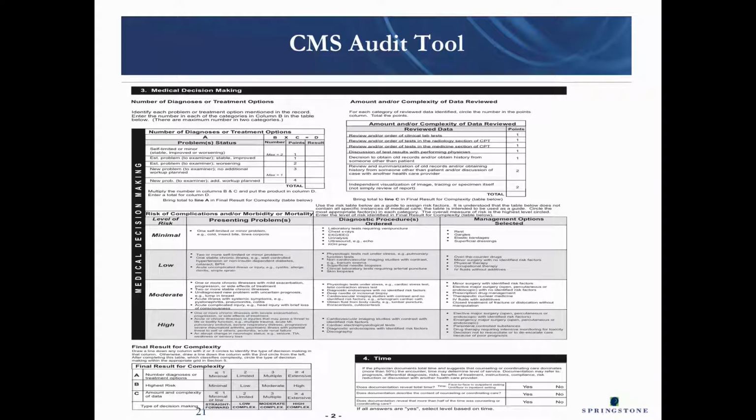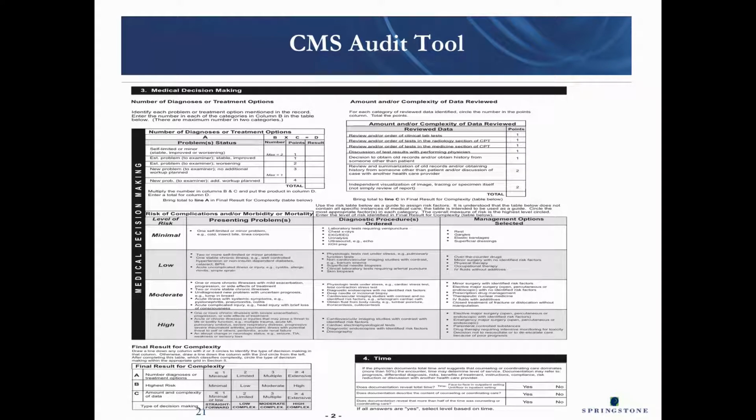This is a much more complicated way of giving point credit for different parts of those 3 areas. You can see the middle is the risk table and talks about examples of different levels of risk.